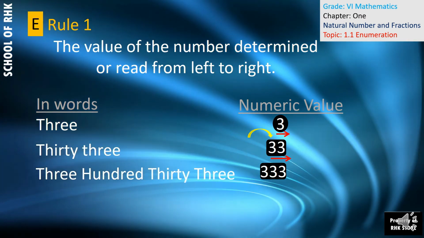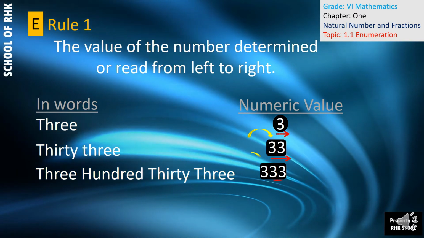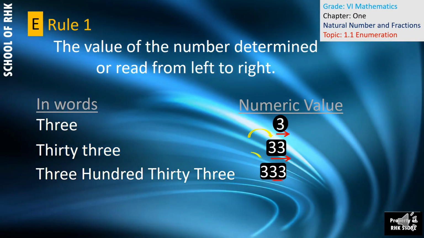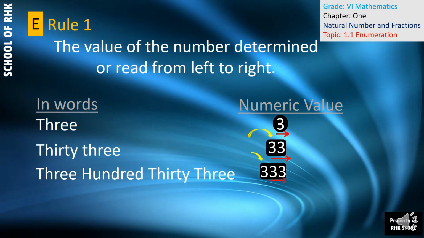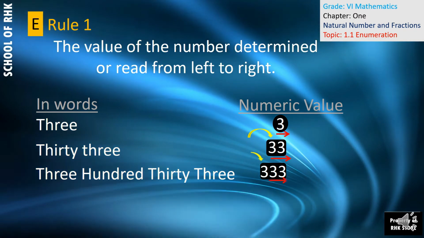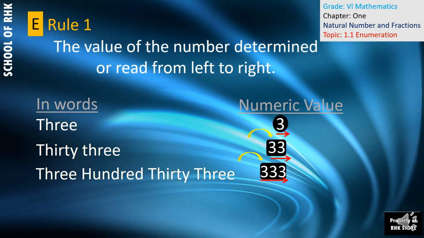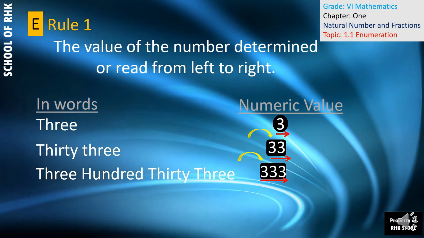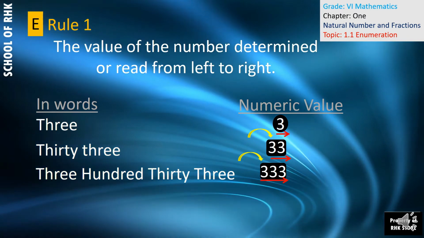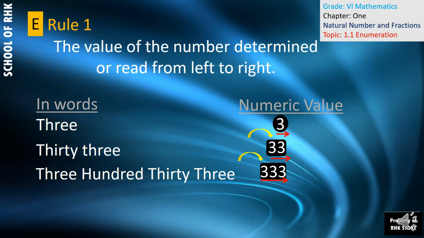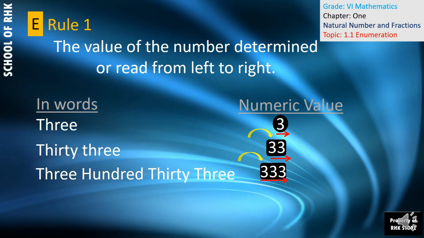So again we will consider the first 3 of the extreme left hand side, and we will say 300 first, and after that we will say 33. So it is 333. We need to remember that we always read the 10-based or decimal system, or the system of multiples of 10, from left towards right.